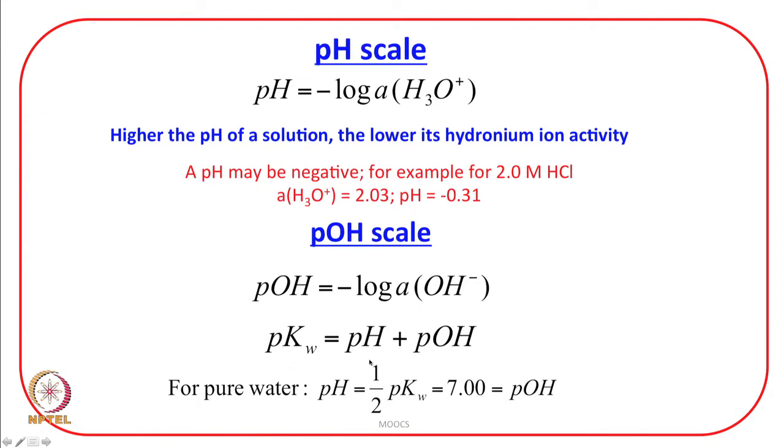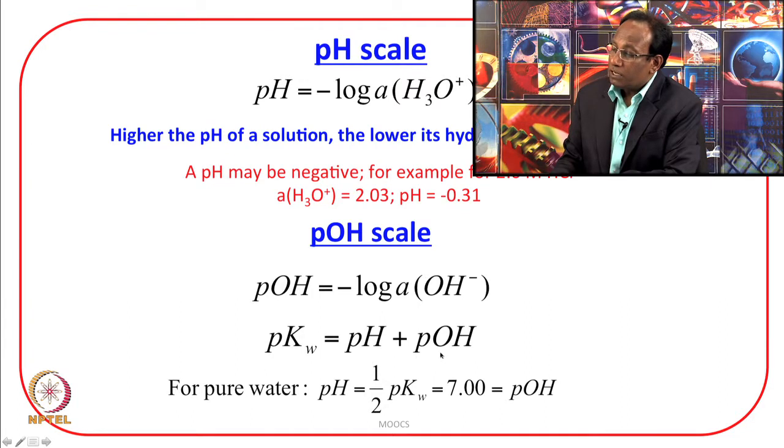Once again, this is because, as we just discussed, the activity of hydronium ion and activity of hydroxide ion are the same for pure water. Therefore, pH and pOH will also be the same, each equal to half the value of pKw. pH is equal to pOH.